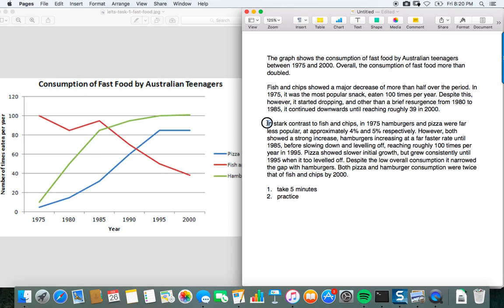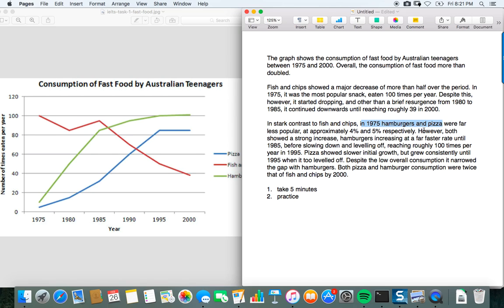Then you have hamburgers and pizza. In a stark contrast to fish and chips. Okay, this is important. One, you're establishing that you're now going to talk about hamburgers and pizza. Also, you're not just describing the data, but you're making the comparison. Okay, so in contrast to fish and chips, hamburgers and pizza.